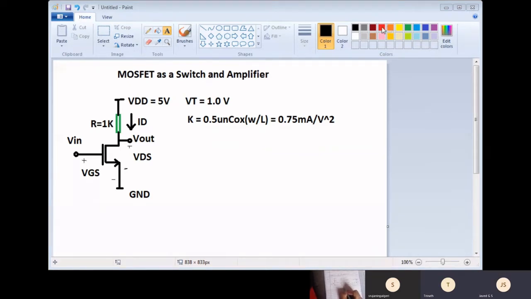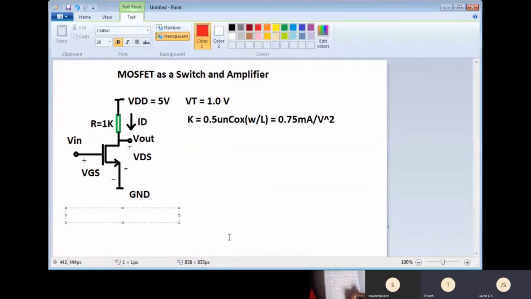What I want to know is, what is the region of operation for the MOSFET, and what are the VDS and VGS values and the ID value.